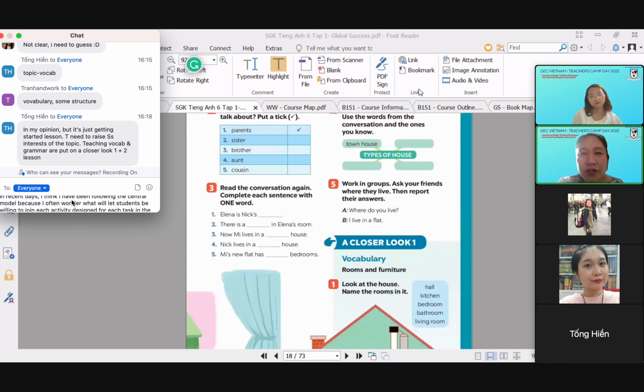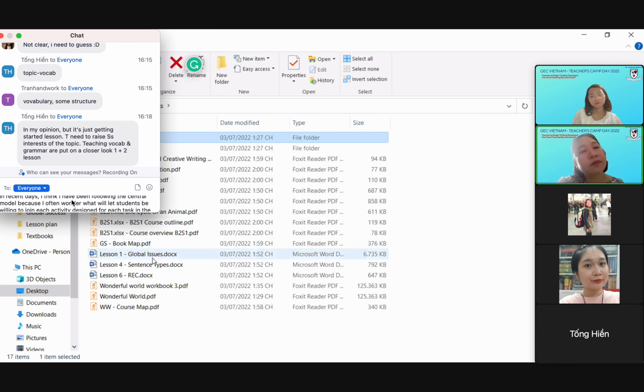So I want to share with you this one. About this, we move on to this. Okay, let's see this one. It is the lesson, okay, designed by groups of teachers, BGC.